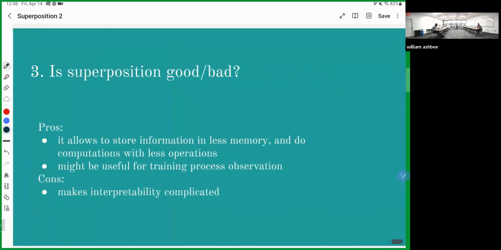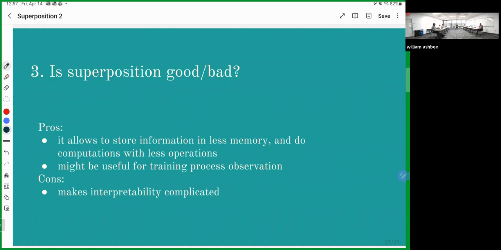One more thing I wanted to discuss is: what can we do with superposition? Is it actually helping us? There are pros and cons. On the good side, superposition allows us to use smaller networks, with less memory utilization and fewer computations.